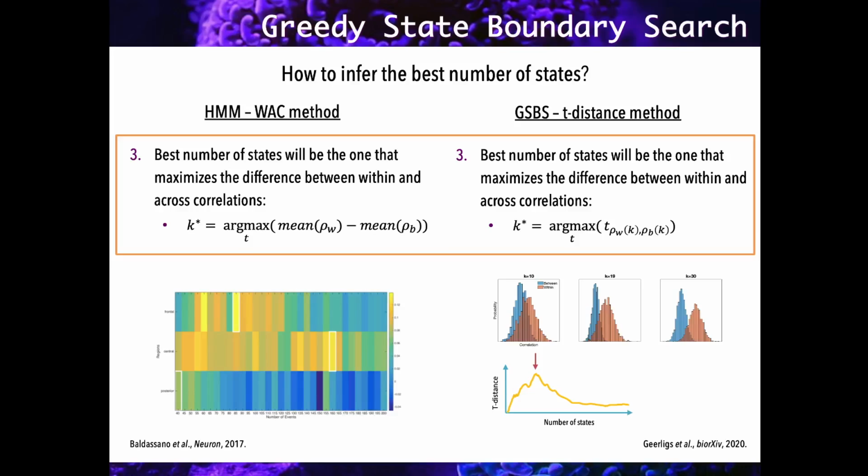So it actually ends up placing the divisions between different states, or as we call them, boundaries, in a much more correct way than if we would use the within and across method.